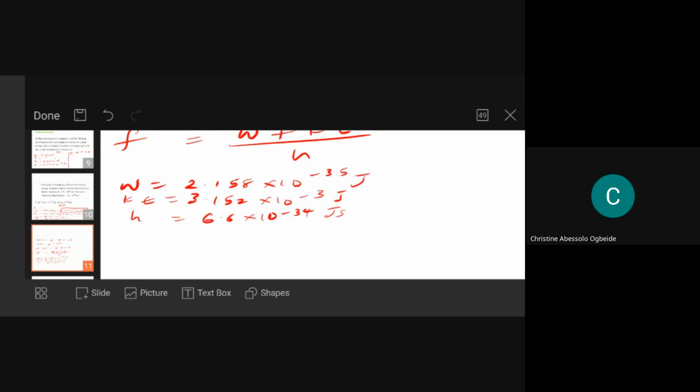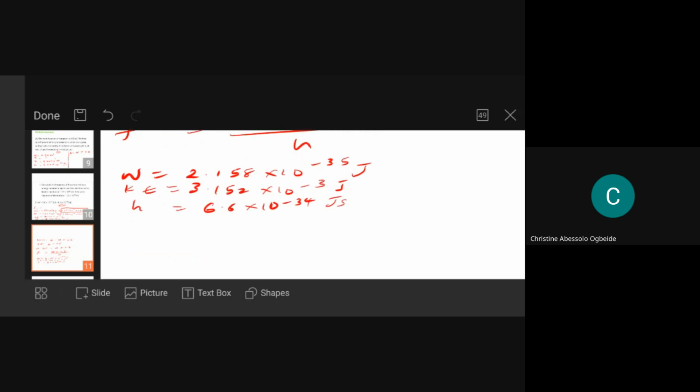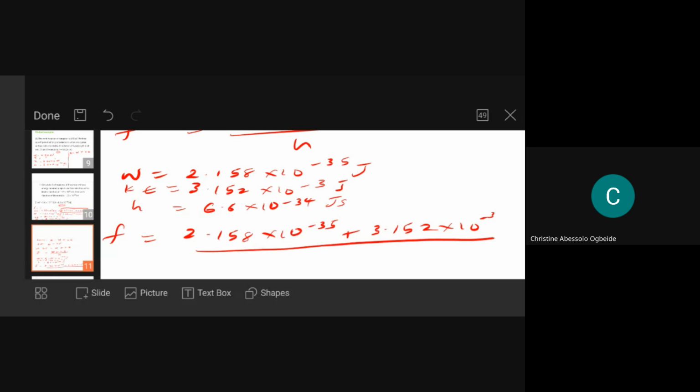So clearly, if I put those values into the formula, the frequency F becomes the work function, 2.158 times 10 to the minus 35, adding up with 3.152 times 10 to the minus 3, everything divided by Planck's constant, 6.6 times 10 to the minus 34.